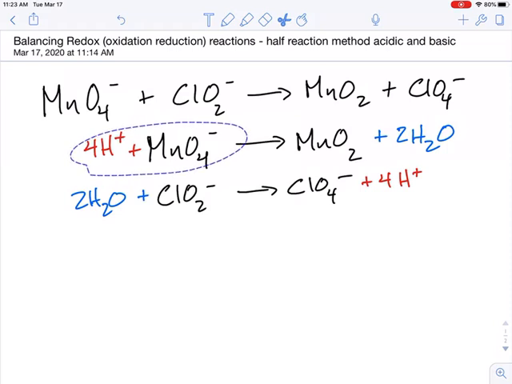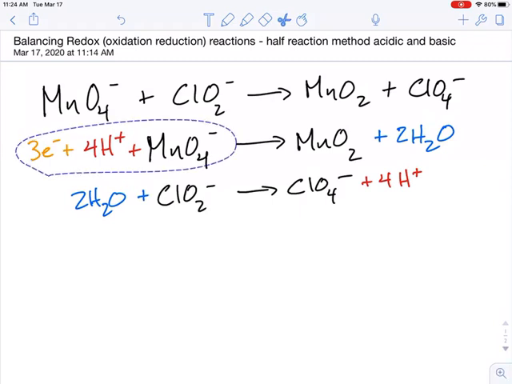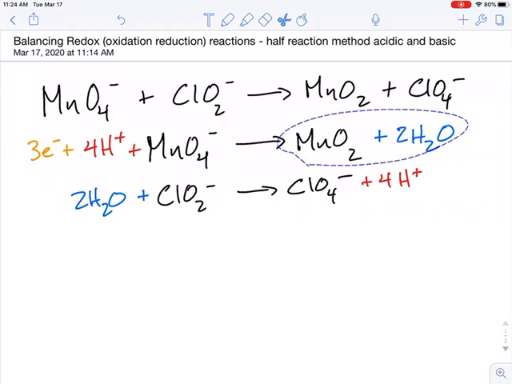So positive 4, negative 1, that means that we have a total of positive 3. So what we're going to do then is add electrons, and so I need to add 3 electrons to the left-hand side. So now I have a total of 0 charge on the left-hand side, and 0 charge on the right-hand side.